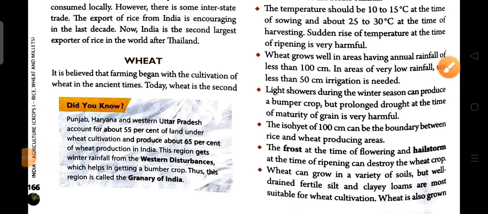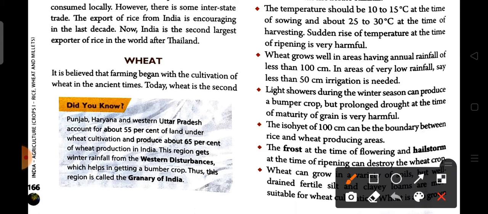Now we can see the variety of soil that is needed for the cultivation of wheat. Wheat needs very well drained fertile soil and clay loamy soil. The clay loamy soil means the very fertile soil that is found in the deltaic regions, which is most suitable for wheat cultivation.